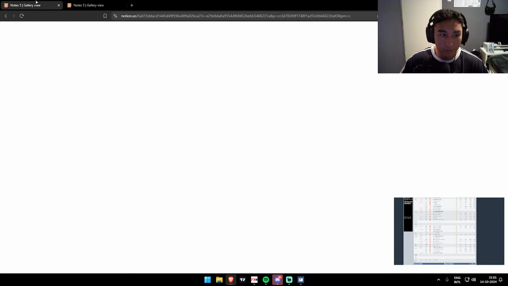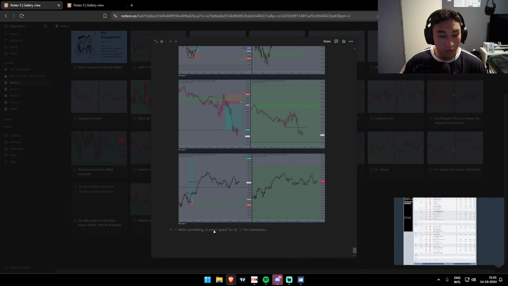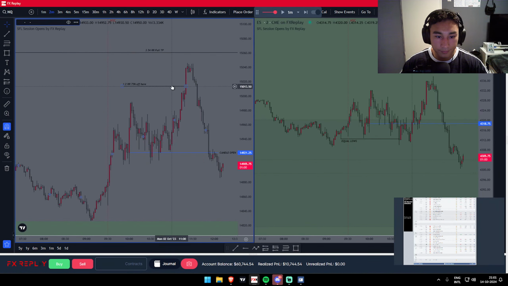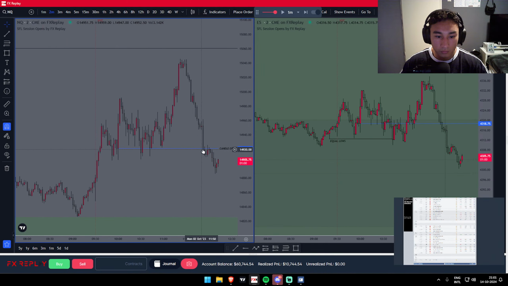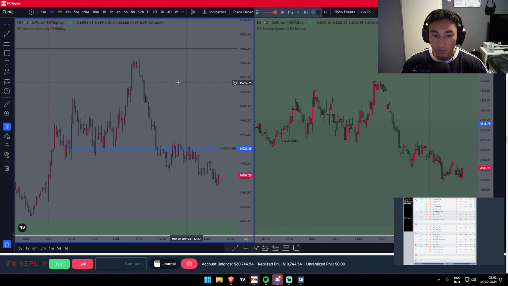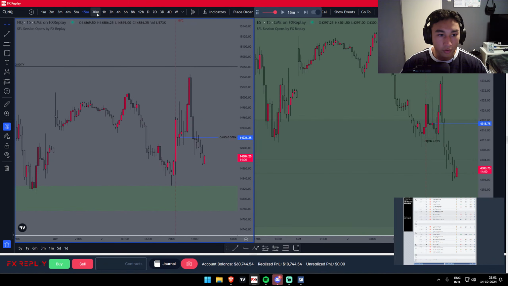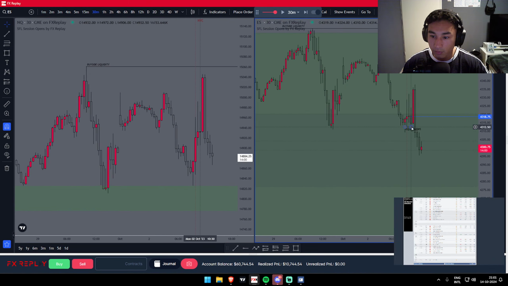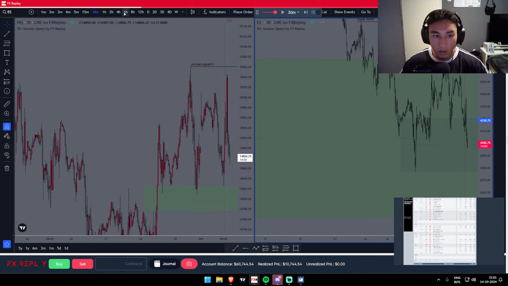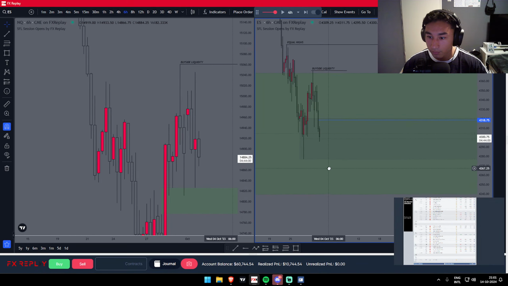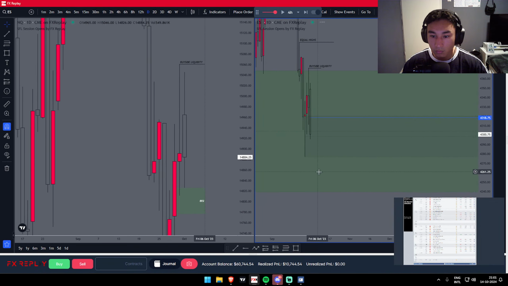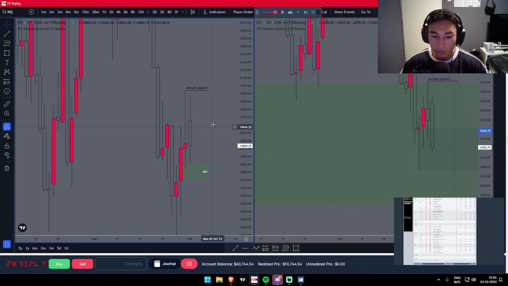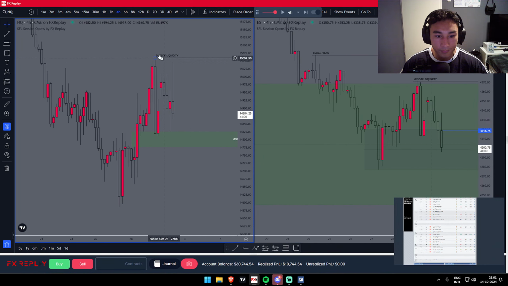Copy image. Paste in here. Skipping to the PM session. Again, drop all the way lower, which I was not expecting for it to do. We do have the rejection block, constant encroachment, which we are in now.